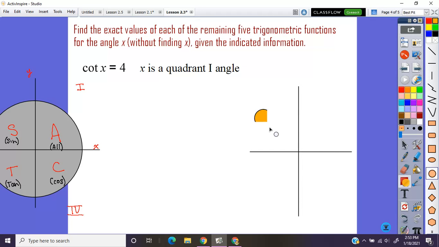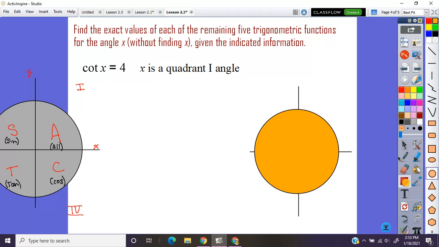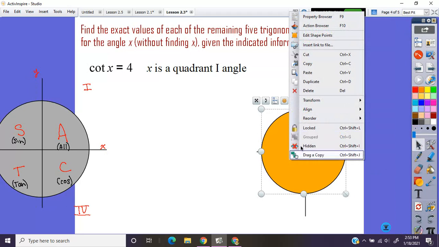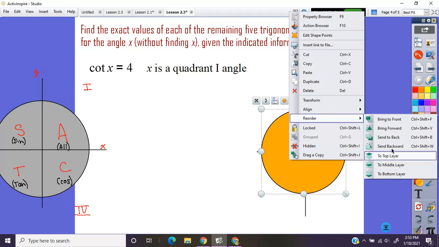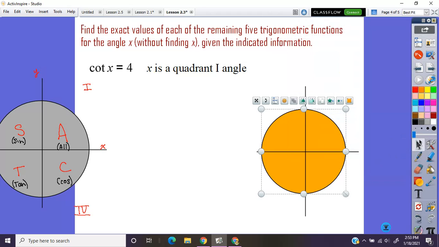And then our circle. Okay, so once again, we have our circle here, and this time it's telling us cotangent x is 4, and x is a quadrant 1 angle.